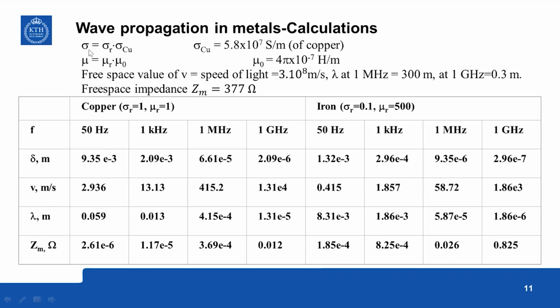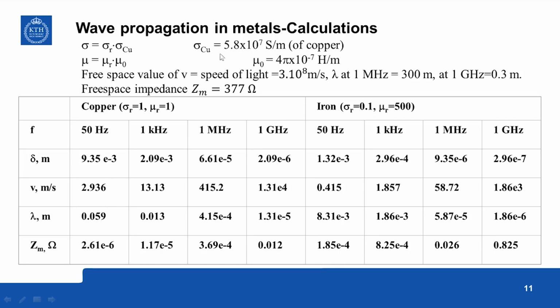Let us first define the conductivity and permeability. Now, conductivity of copper is very high, perhaps one of the highest in the common kind of metals that we use in electrical engineering. This is 5.8 into 10 to the power of 7 Siemens per meter.